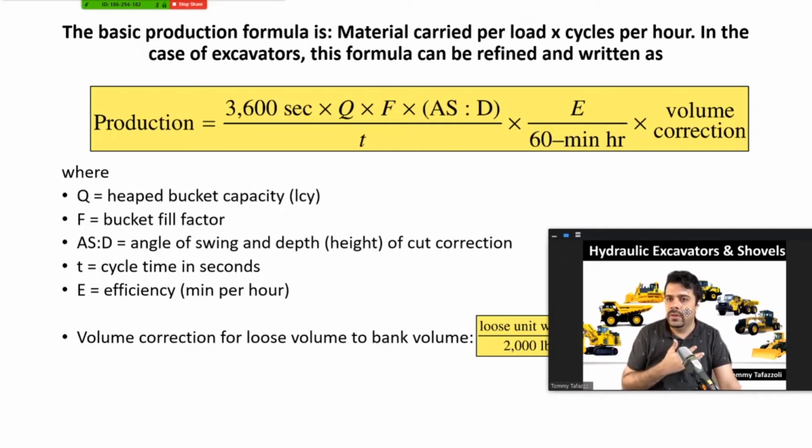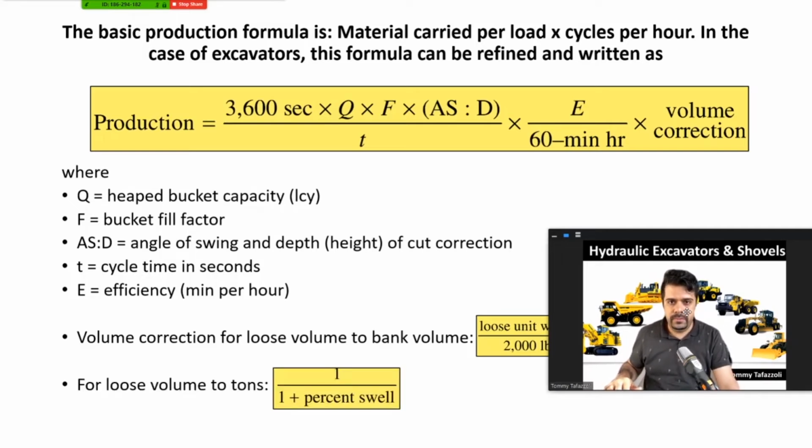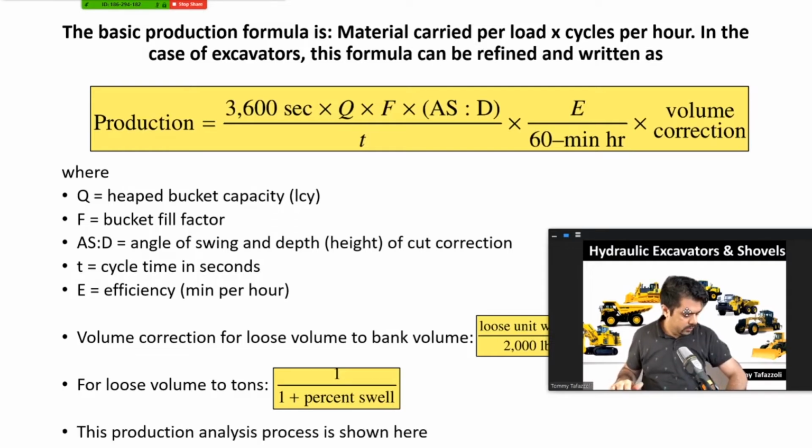If you want to, you can convert it to bank cubic yard, or you can convert loose volume to tons if you multiply it by that number. We will do a problem later.